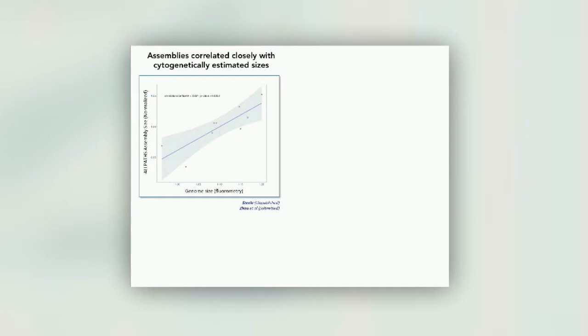It turns out that there's a remarkably good correlation between the genome sizes predicted by fluorometry and these assemblies, by the way, they're called ALLPATHS. So ALLPATHS-LG is a very reliable and very high quality way of assembling genomes. And so the ALLPATHS assembly and the genome size are very highly correlated. What is this? Oh, you can't read it. It says 0.84. So the R for this is 0.84, a very strong correlation between fluorometric estimates and the genome assemblies.